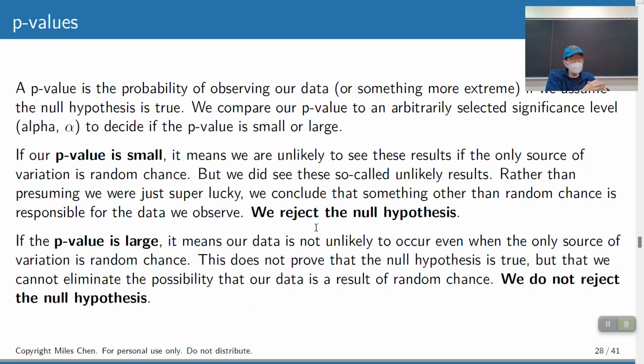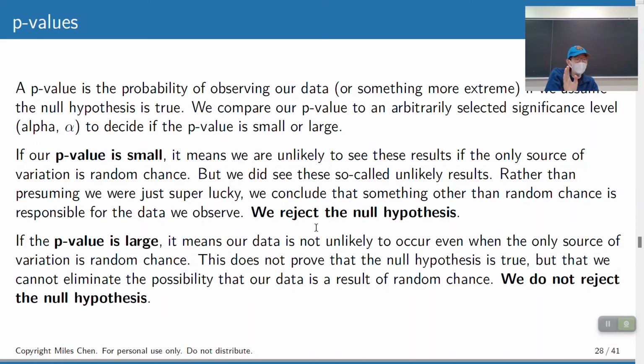That's not that unusual. So in that case, we would not reject the null hypothesis. We would not say that something else has to be causing the reason why I'm getting only 13 heads out of 30. Now, it doesn't prove that the coin is fair. It doesn't prove that the null hypothesis is true.